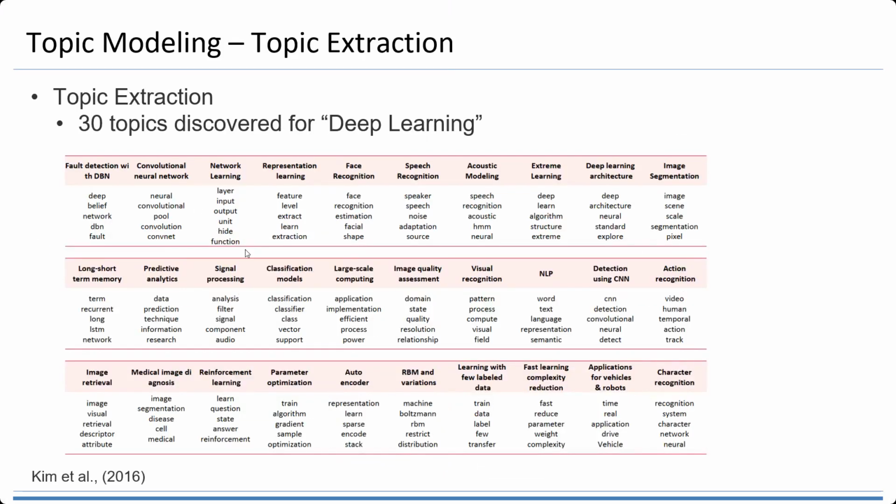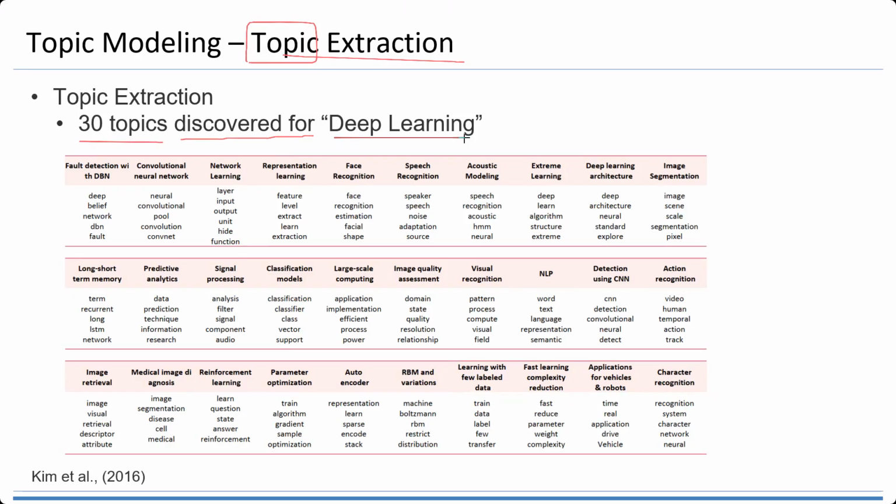So this is an example of topic extraction. When we do topic modeling, we want to extract. It means we want to check what the possible topics are. For example, this is a list of 30 topics discovered for deep learning.